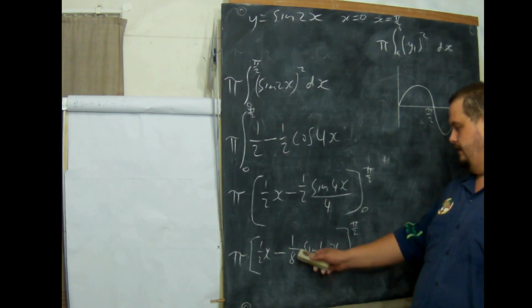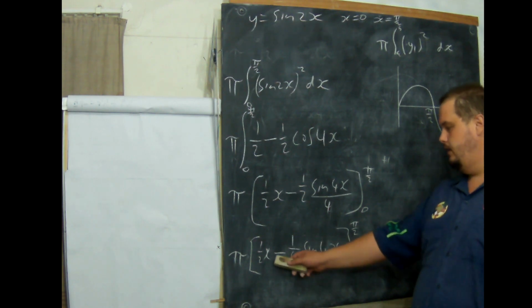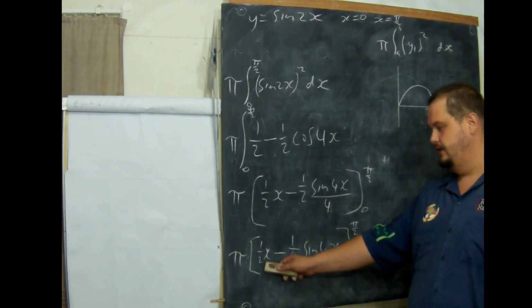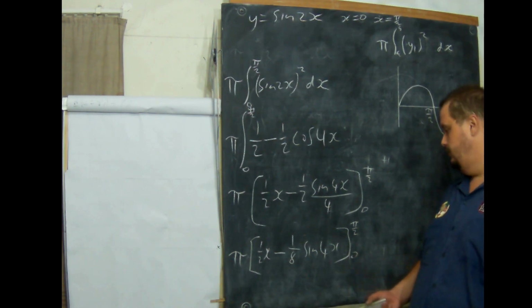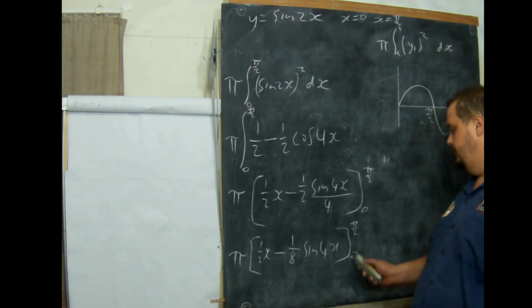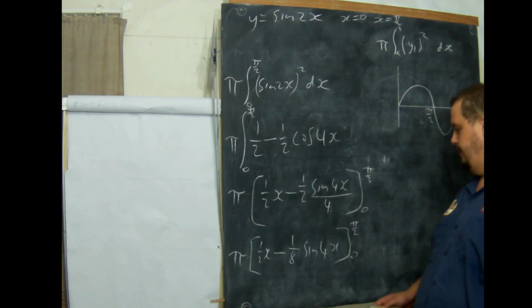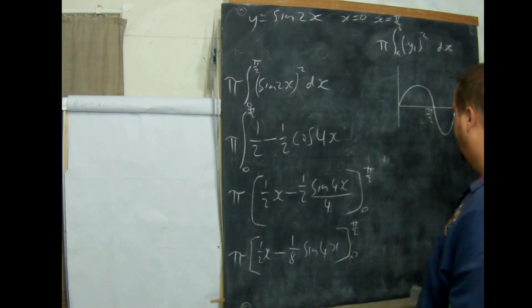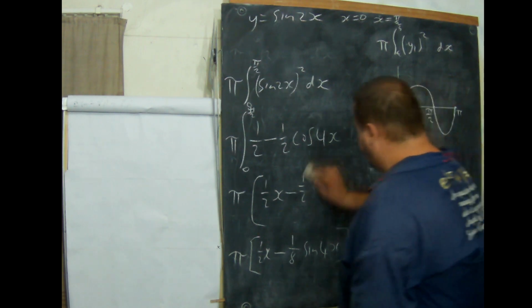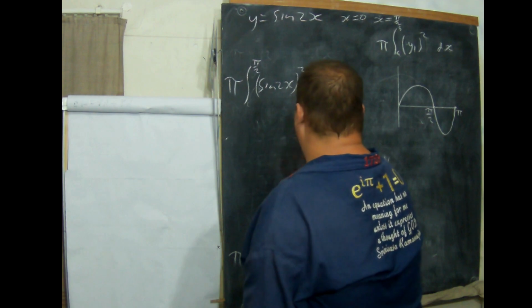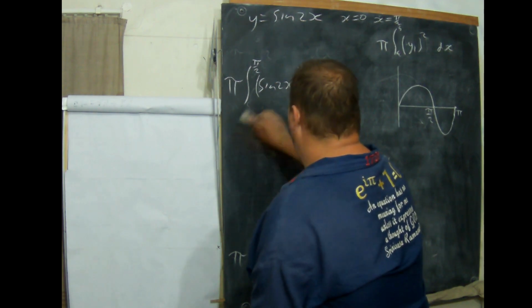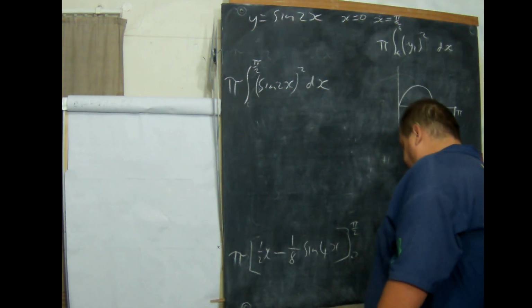So 0 times 1/8 is 0, 0 times a half is 0, and 0 times pi is 0. So it'll be 0. So we only have to do the pi over 2. So let's do that. The pi over 2.